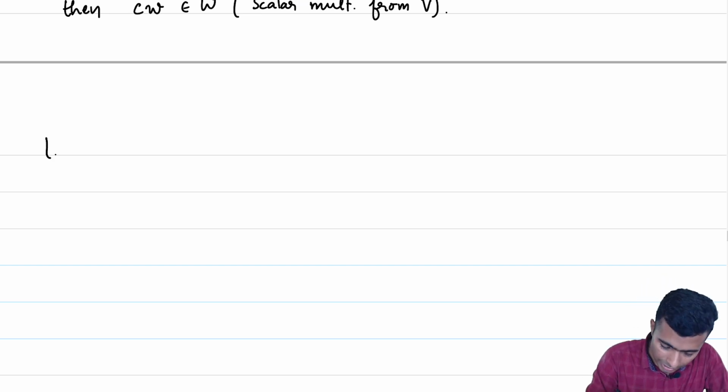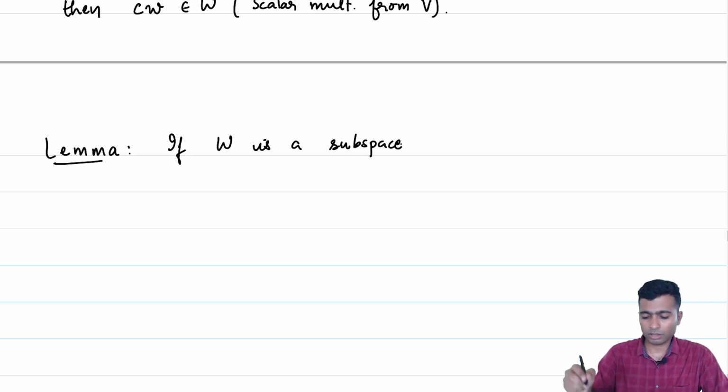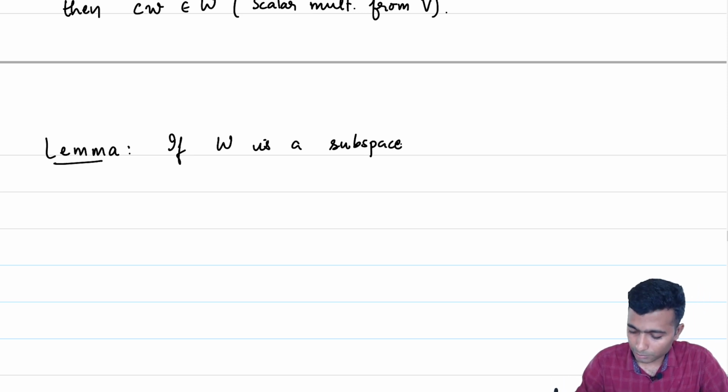So, let me just state it as a lemma. If W is a vector subspace, I will slowly drop writing the word vector and just write subspace, it should mean vector subspace.